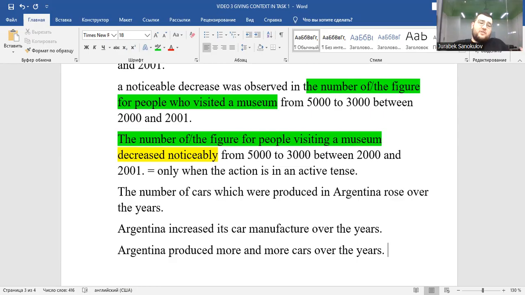Here I don't use words like the number of or the figure for, and I added some originality to my reports. I'm not saying the second approach is better than the first one, because both are okay.